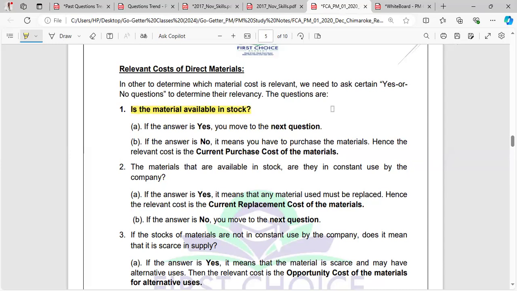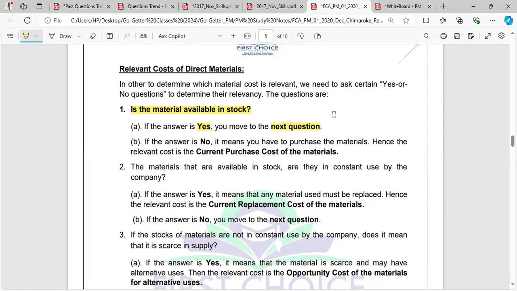So it means that if we want to look at relevant cost of material, let's say we want to make bread and we need flour. Flour is a necessary material. So you ask yourself, is this flour available in my store? Now, if your answer is yes, that means if you go to your store and you see flour, then you move to the next question.